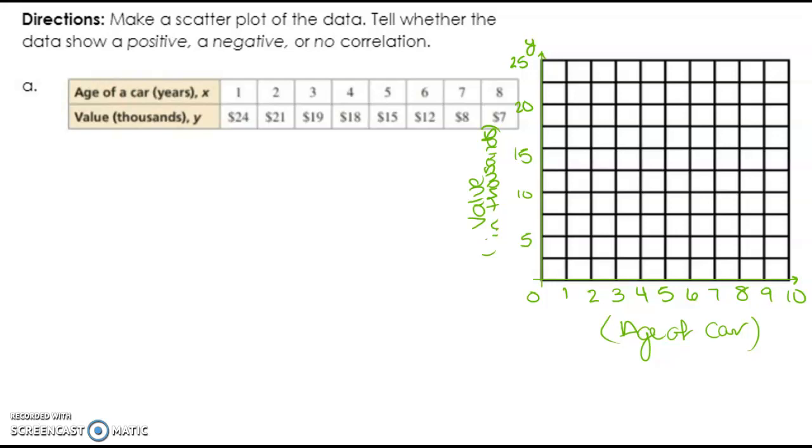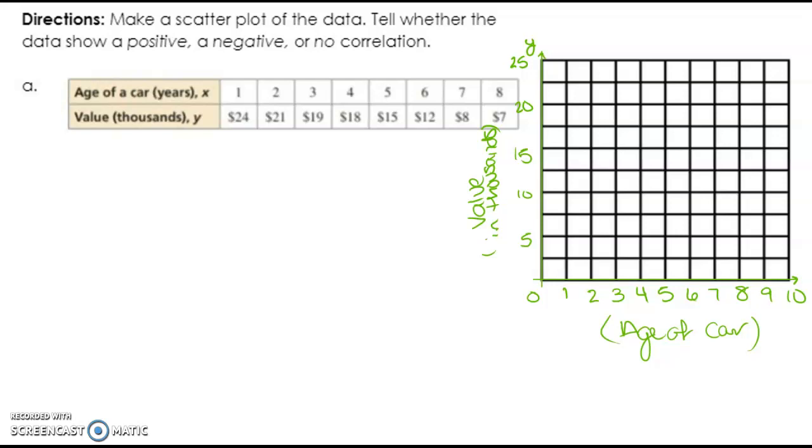This might take a little bit of guess and check at first to make sure that you have the right numbering on your axes, but the further apart you have your data, that makes for a bigger picture, and we can see more easily what's going on with the data.